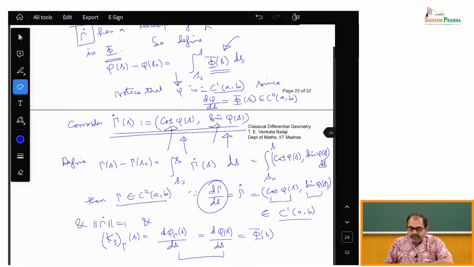You see, the way gamma is defined, it is a unit speed curve, so its derivative gamma dot will be a C1 unit vector, so it will have a turning angle. When we showed the existence of the turning angle, we showed that any two turning angles differ only by a constant.